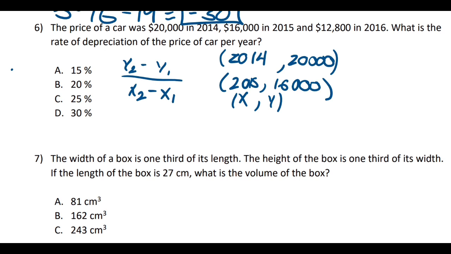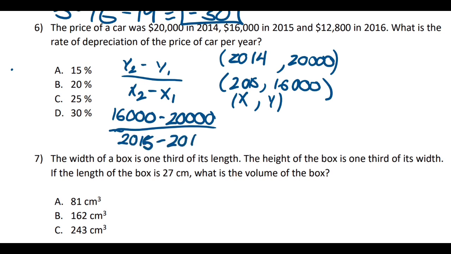So if we plug in these values into the equation, we're going to get 16,000 minus 20,000 over 2015 minus 2014. This is going to end up as 16,000 minus 20,000, which is negative 4,000 divided by 1, which is negative 4,000.